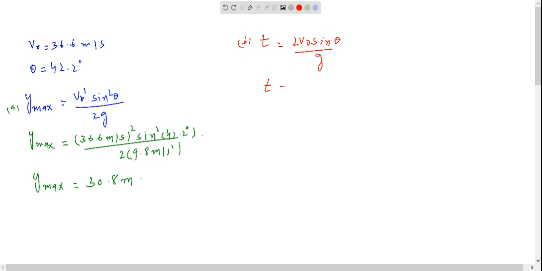Putting the values in this equation, we get 2 multiplied by 36.6 meters per second multiplied by sine 42.2 degrees divided by 9.8 meters per second squared.